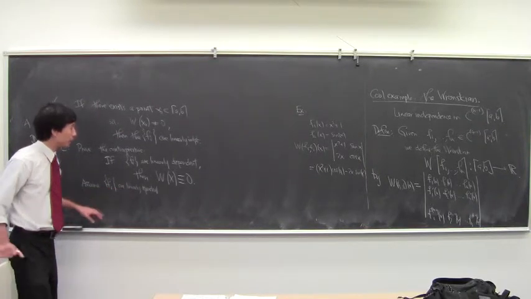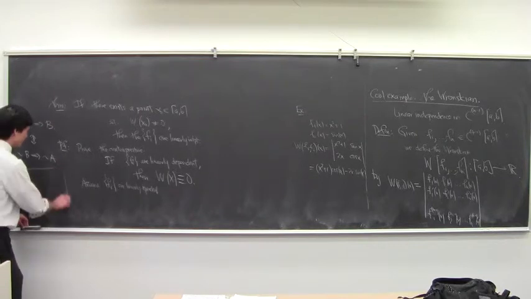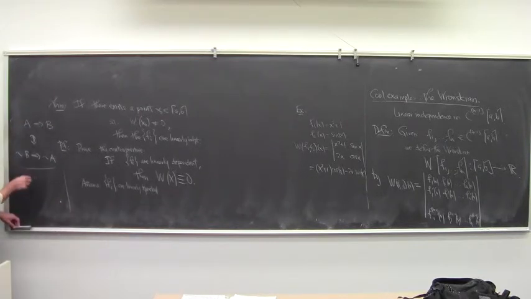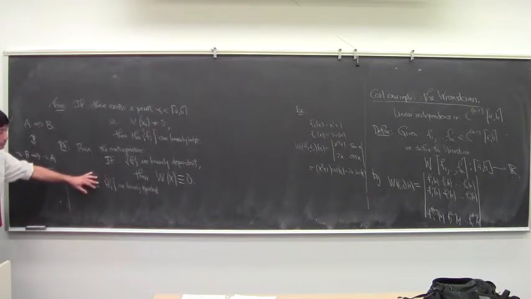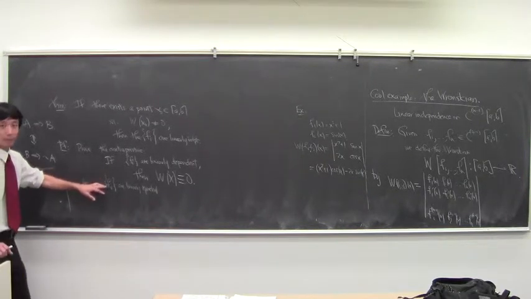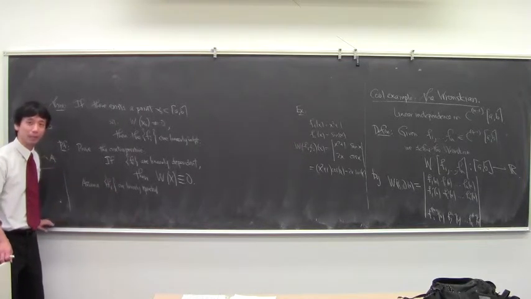You remember when we stated that thing about invertibility, it's really talking about when you start off with some matrix. But here we're talking about functions, so it's not quite the same.